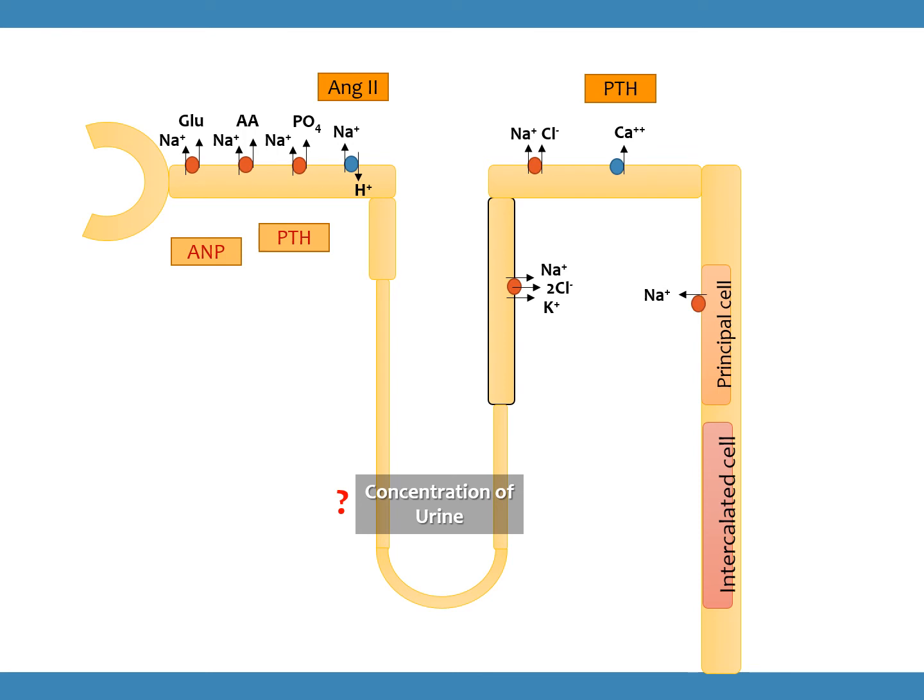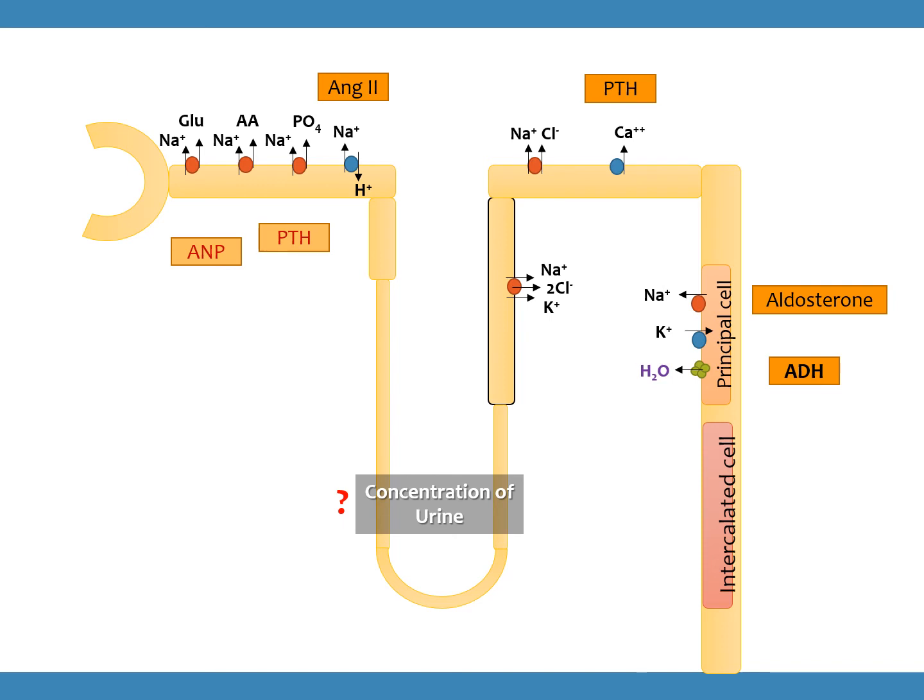This reabsorption of sodium is followed by secretion of potassium through the principal cells. They are also involved in water reabsorption in response to the hormone ADH, which causes the insertion of water channels, and water will be reabsorbed.